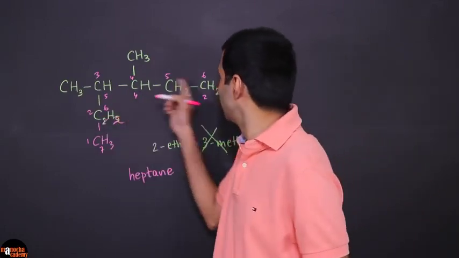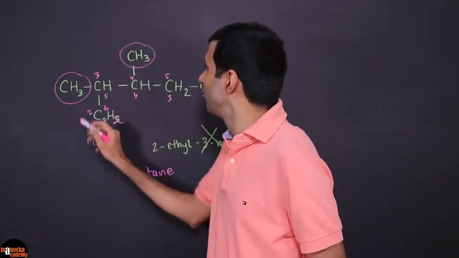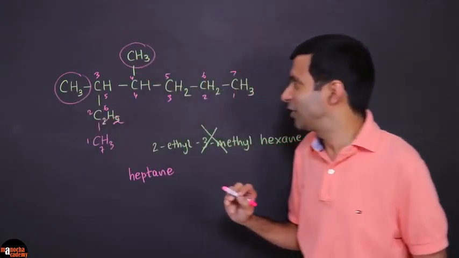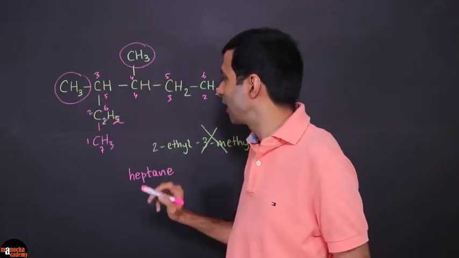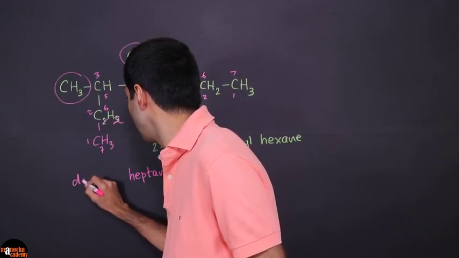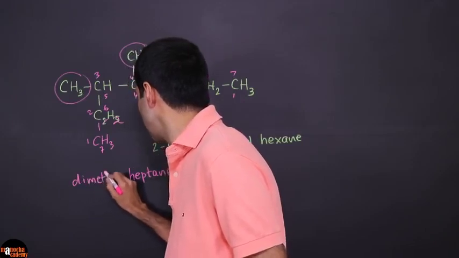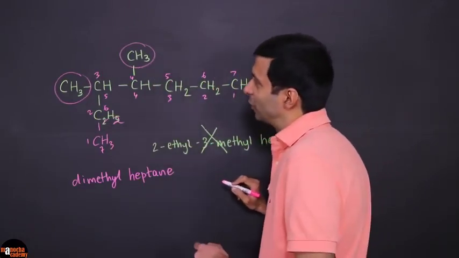Because you can see the attachments or the substituents we have here are 2 CH3s, right? So that's basically, and you know CH3 is the alkyl group, so it's a dimethyl. So we have a dimethyl in front of the name here, the prefix part. And what are its positions?